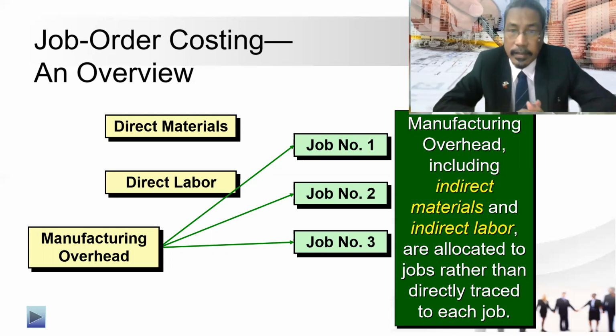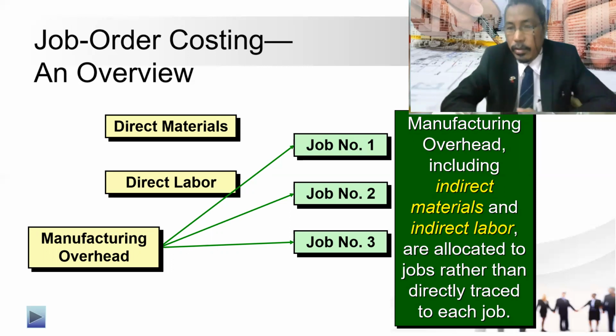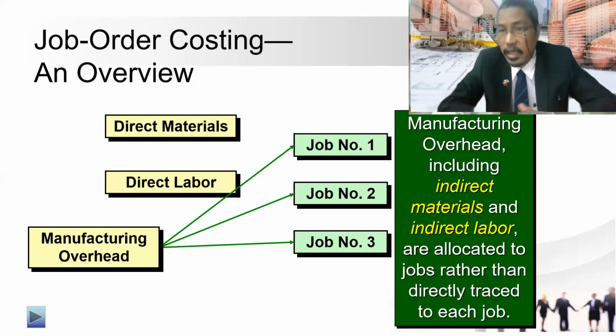They are indirect labor, but are allocated to jobs rather than directly traced to each job number or to each job order. They are not traceable to job order, but they can be traced by their job titles.